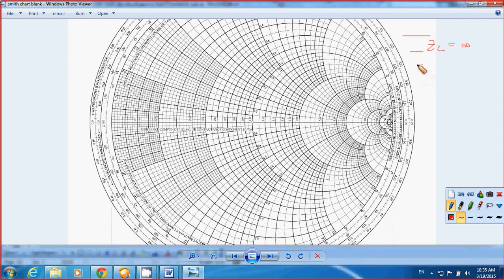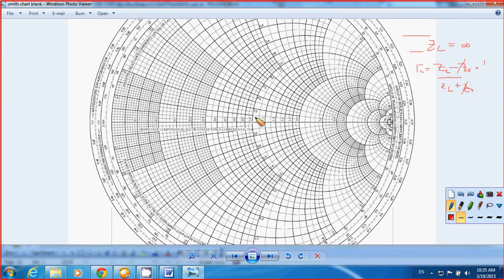And you know by hand calculation that tau L equals ZL minus Z0 divided by ZL plus Z0. When you have ZL become infinity, you ignore Z0 because ZL is much greater than Z0, and it gives you 1.